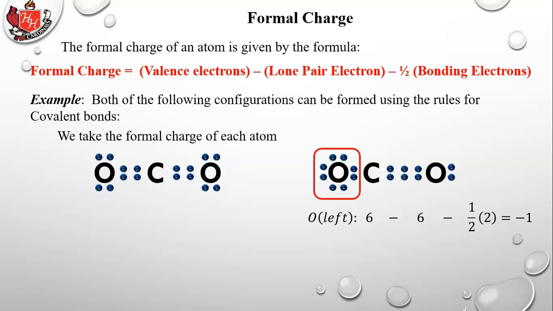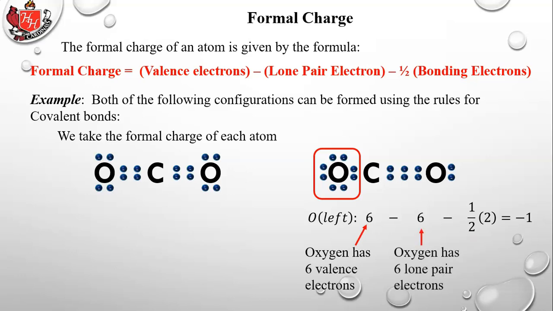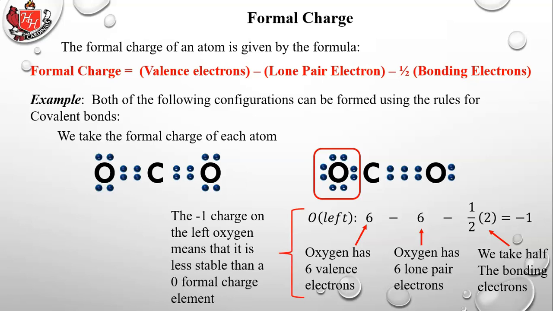It's not a 0, it's a -1. That means that oxygen is not as stable as it could be. Oxygen has 6 valence electrons, oxygen has 6 lone pair electrons, and we take half of the bonding electrons. So the -1 charge on the left oxygen means that it is less stable than a 0 formal charge element.